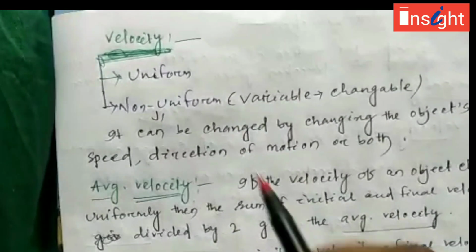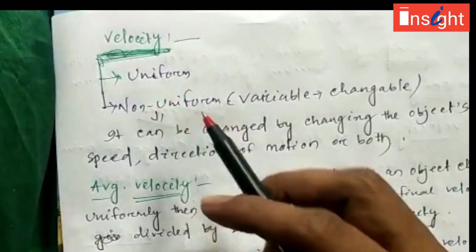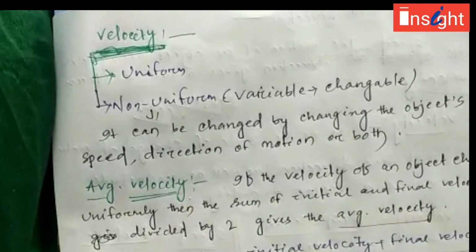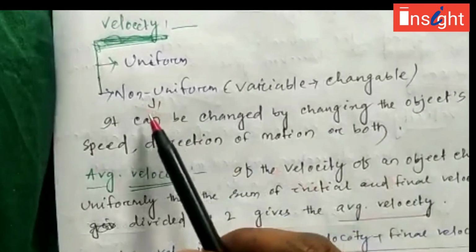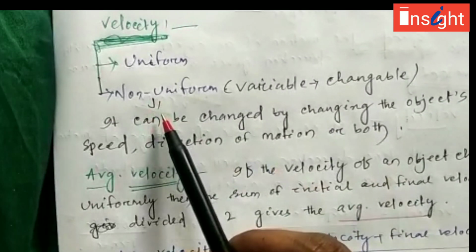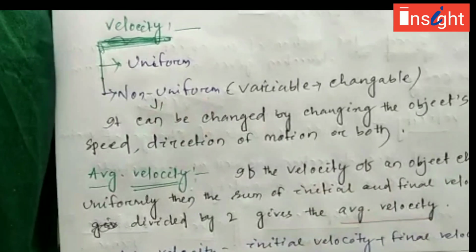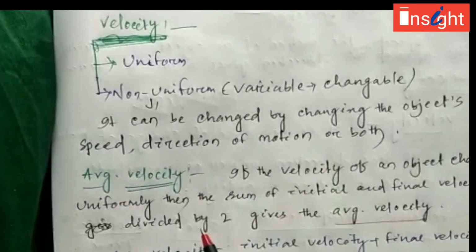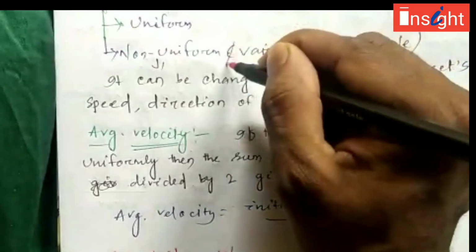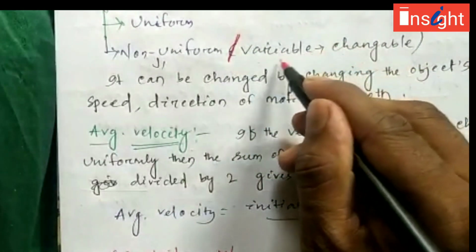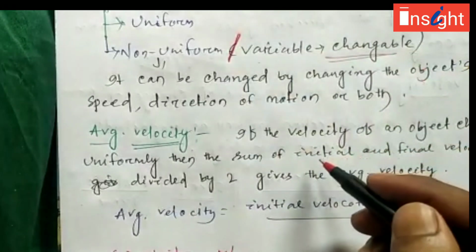Next, velocity may be of two types, uniform and non-uniform. Uniform means whenever a body covers equal distances in equal intervals of time, then it has uniform velocity. The non-uniform velocity is also called variable, meaning changeable.